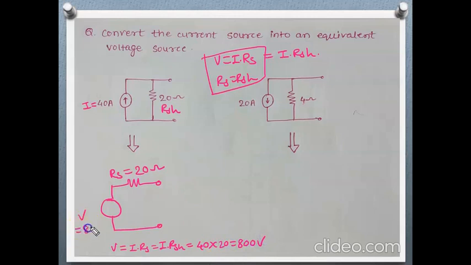So V will be 800 volt, and here is the positive terminal. This arrowhead indicates positive, so this will be the positive and this will be the negative. This is the equivalent voltage source of this given current source.